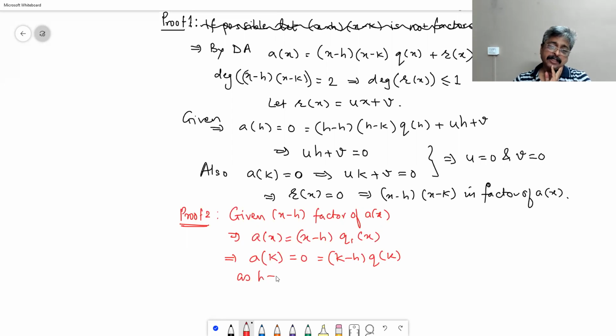As h is not equal to k, implies q1(k) is equal to 0. Implies x minus k is a factor of q1(x).